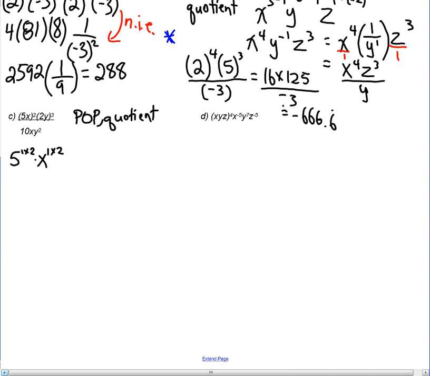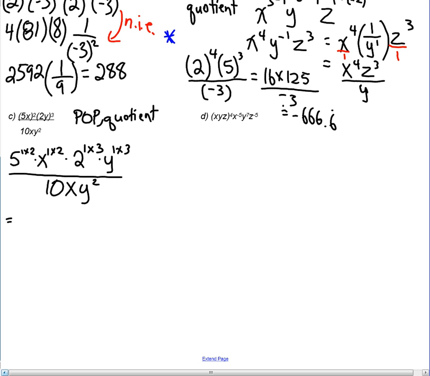If we write an expanded form, it might be more natural to just see it as 5x times 5x, which is 5 times 5 and x times x. When we show it this way, a dot I'm going to represent as multiplication in between. We're going to have 2 to the exponent 3, again power of a power applied to the number, and y to the exponent 3. Okay, all over 10xy squared.